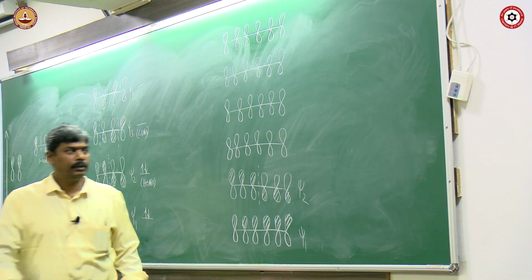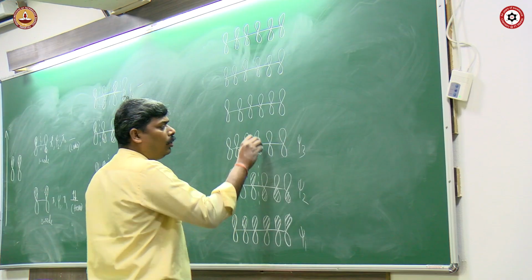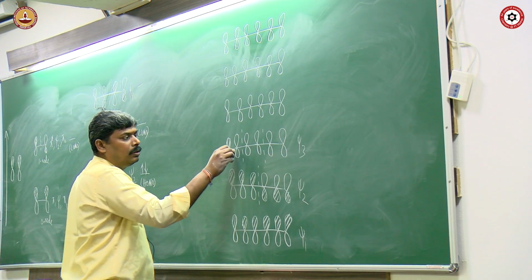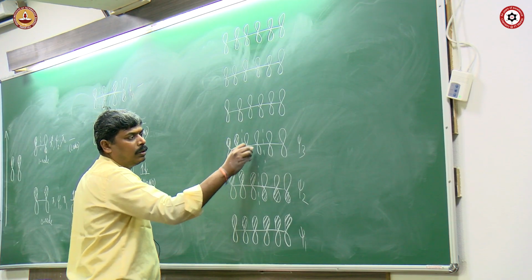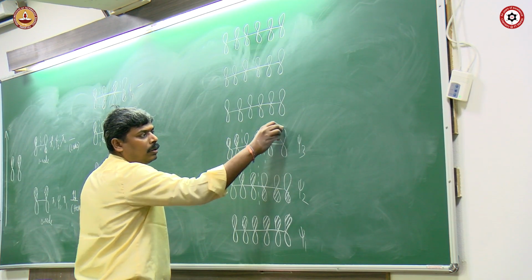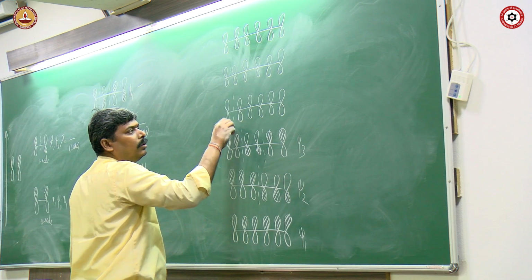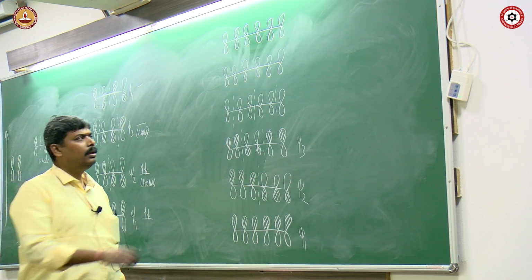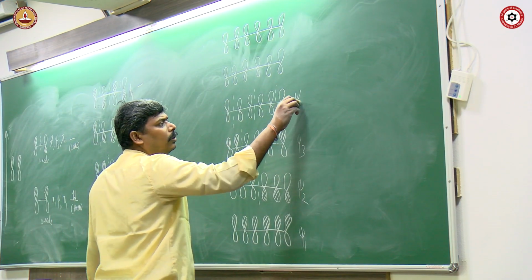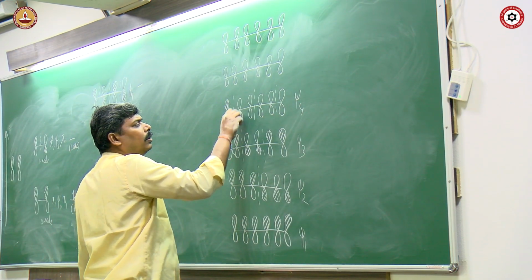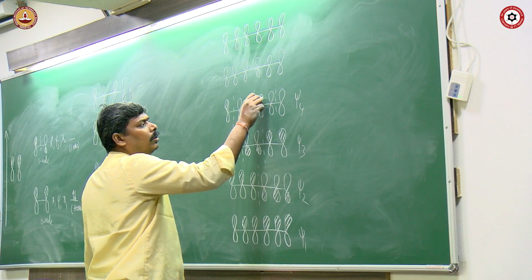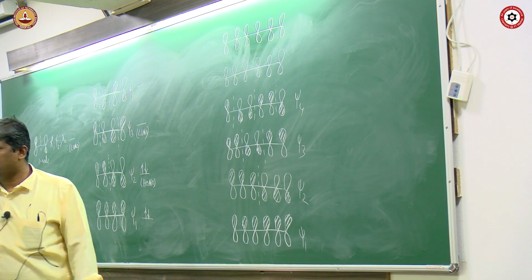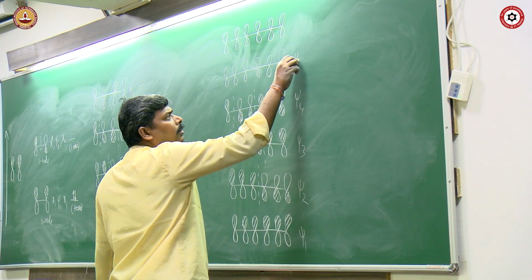A psi 3 will have 2 nodes. Once again like this. And here you will have 3 nodes. Okay. So you will have a psi 4. The next will be a psi 5, which has 4 nodes.